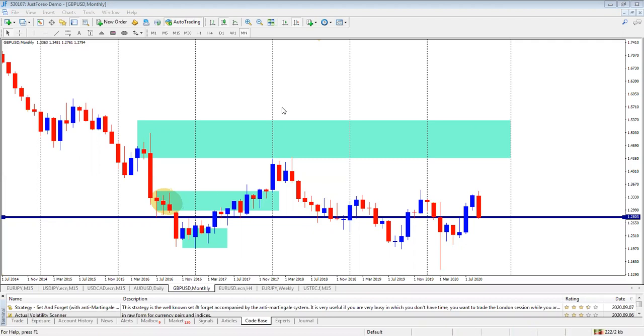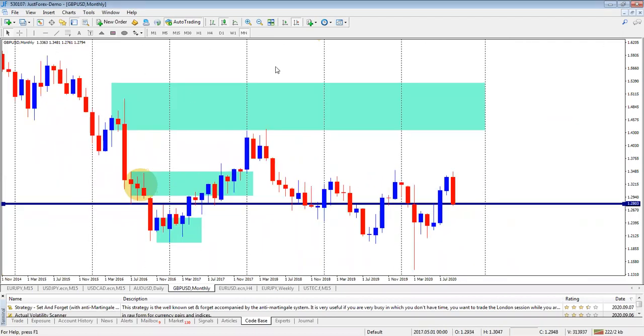What happened, my brother and my sister, is the market did a drop from here, then a base, then a base here, and did a drop. Even though the drop was short-lived and not a strong drop, it's still considered a drop.